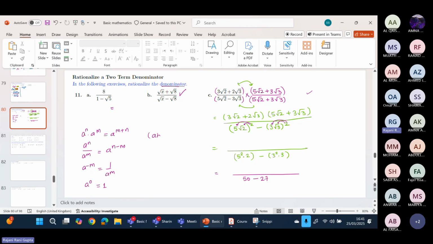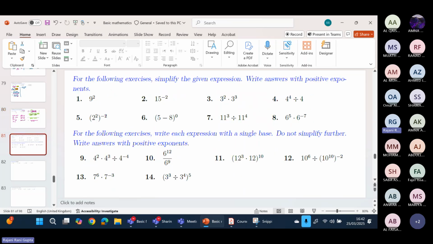You have ab power n, this n goes with both the terms. Same is for division, you can write it as a power n, b power n. And if you have a power a number and another number in power, you can write it as mn.